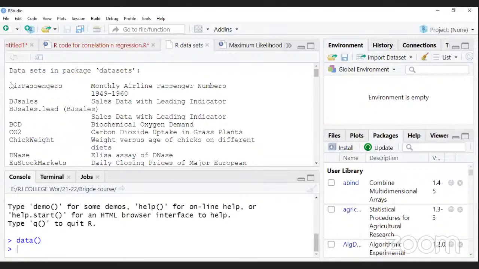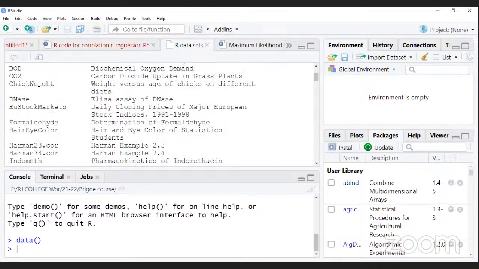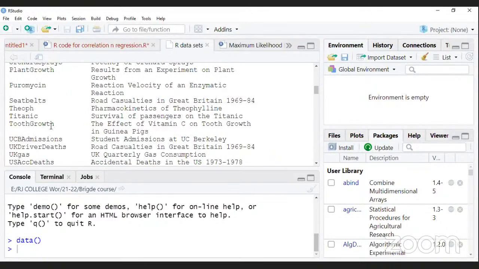So if you look at this, we have the air passenger data, which is the monthly airline passenger numbers from 1949 to 1960. So this is the airline passenger data. This is the BJ sales data, carbon dioxide data. So many types of data exist here.